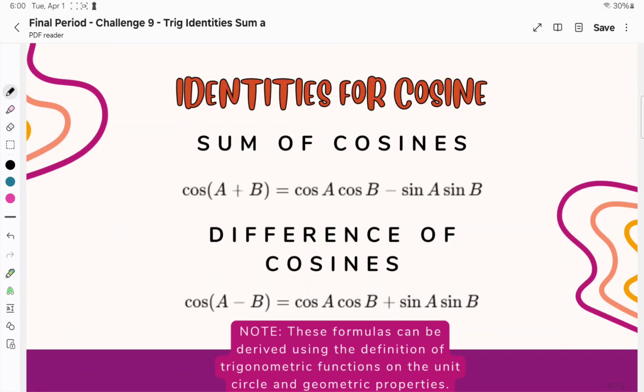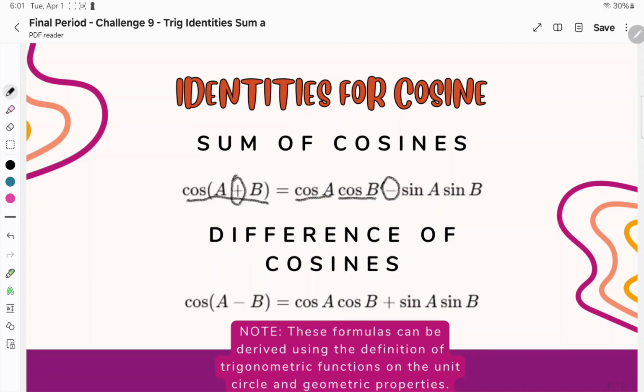Now, we're gonna have a similar thing for the cosine, okay? But look, when I have the cosine of a sum of two angles, our formula is gonna be cosine of A, cosine of B, minus, I have a plus here, and here I'm gonna have a minus. It's different from the one of the sine.